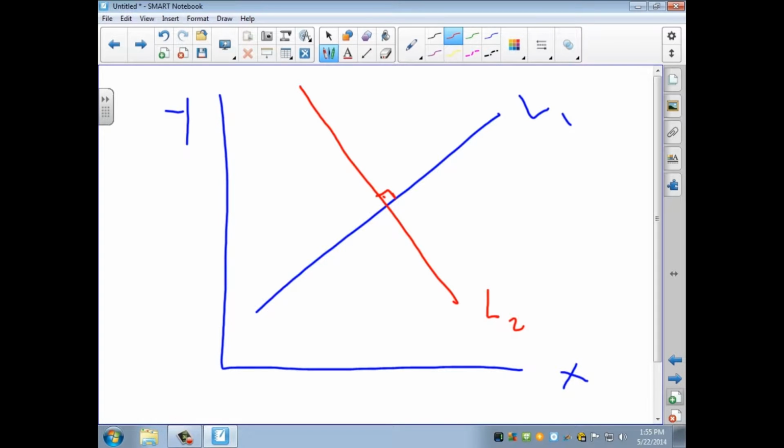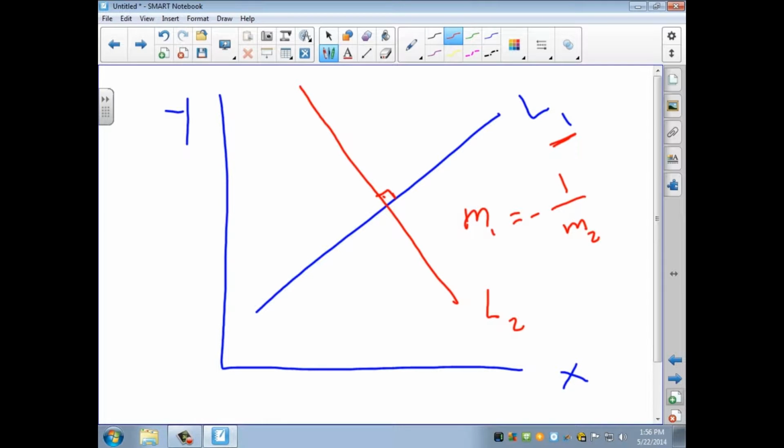If that is the case, the relationship between the slopes would be that M1, the slope of line number 1, would be equal to minus 1 over M2. So the slope of one would be the inverse with the opposite sign of the other line.